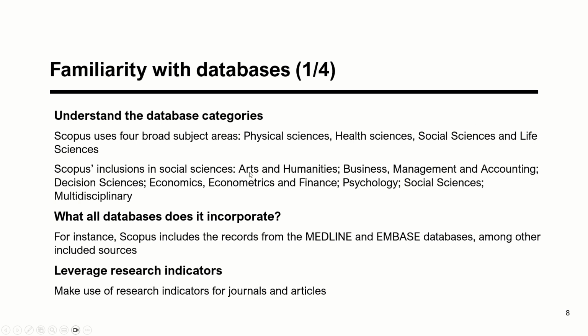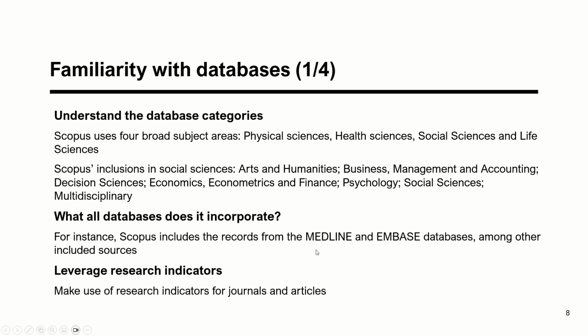Scopus inclusion in social sciences encapsulates arts and humanities, business management and accounting, decision sciences, economics, econometrics, finance, psychology, social sciences, multidisciplinary. So when you're doing a search and filtering the search results, it's important that you select all of them when you're focusing on social sciences.